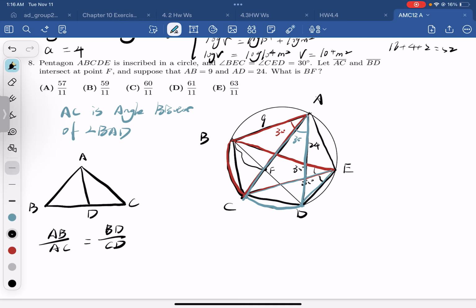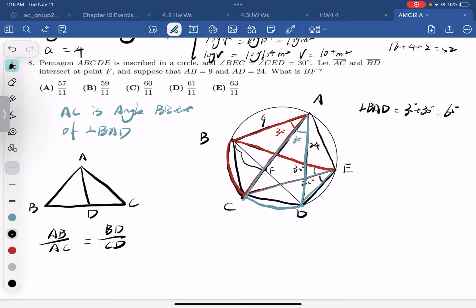We know the angle BAD certainly becomes 30 degrees plus 30 degrees, which is 60 degrees.